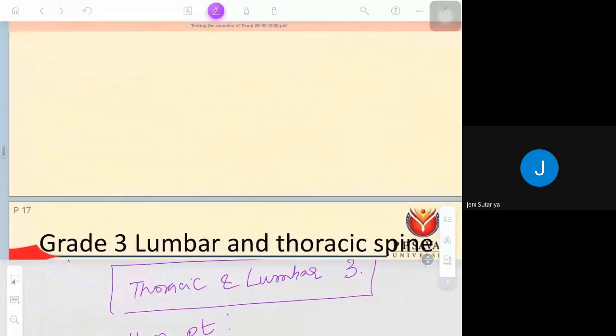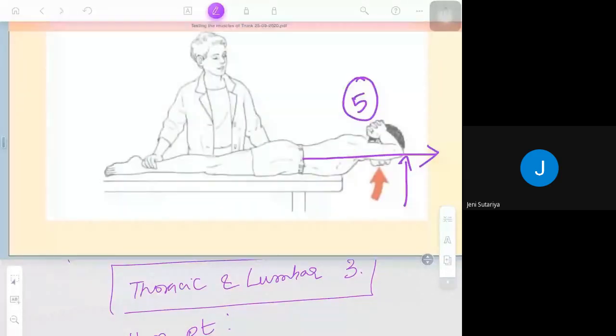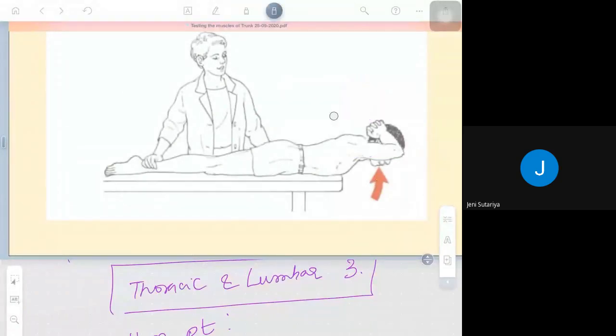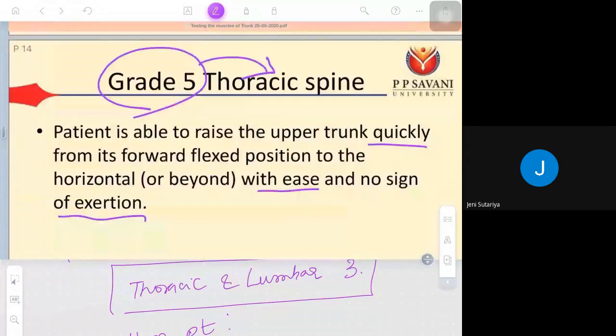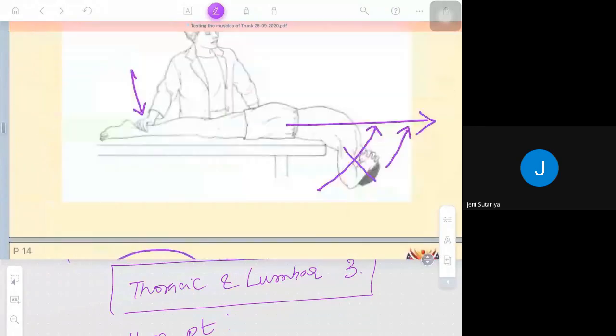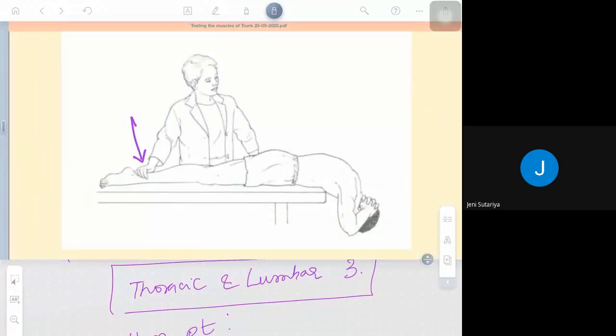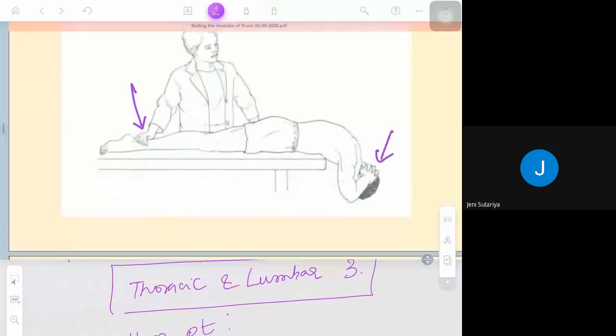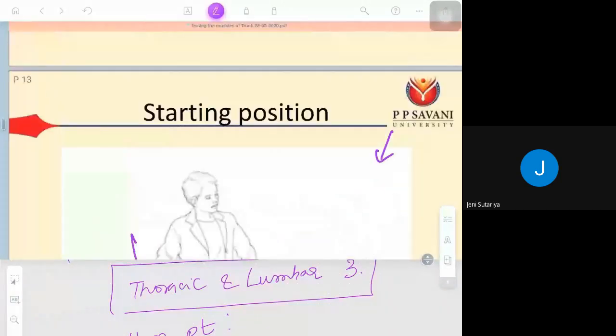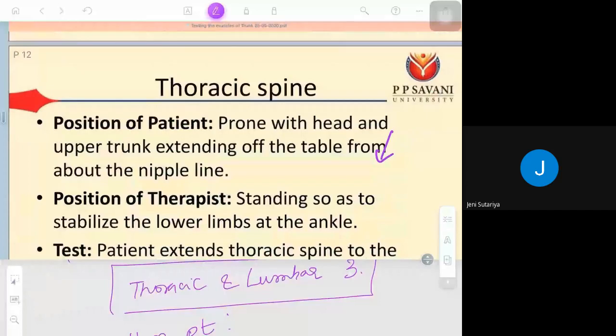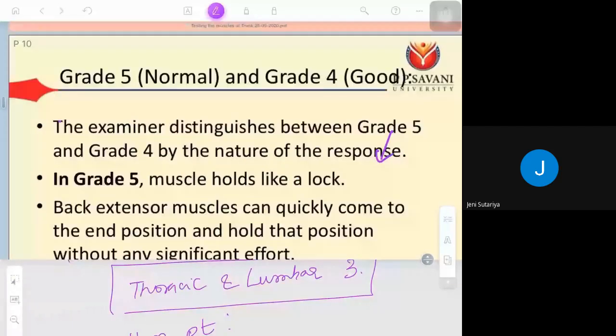When you see the first position, all the previous positions you see, the hands are behind the head.